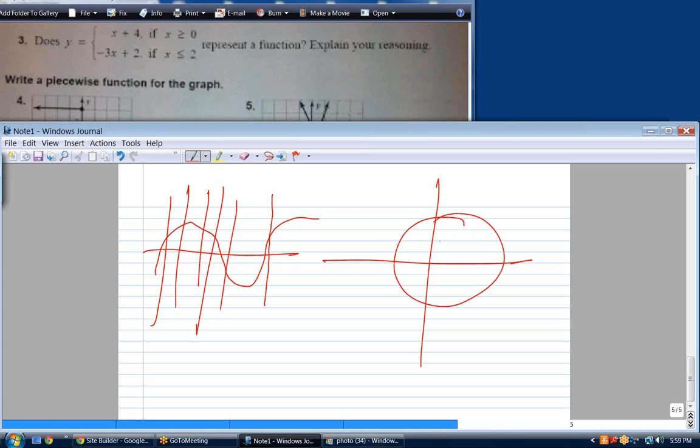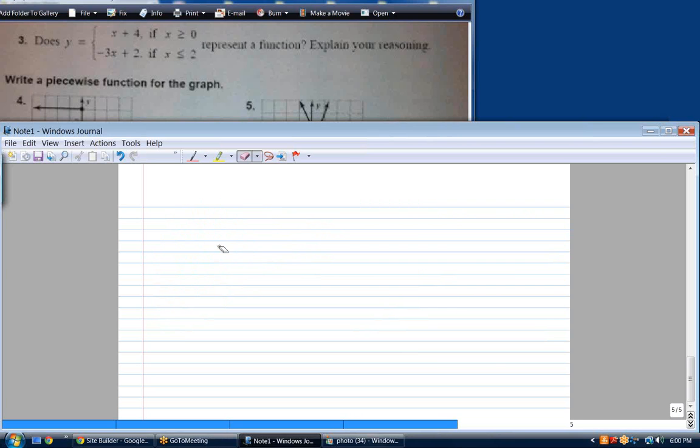There's a circle, but a circle is not a function. No matter where I draw my vertical line, I pass through two values for y. So for something to be a function, it has to pass the vertical line test. And that's the easiest way to remember it.